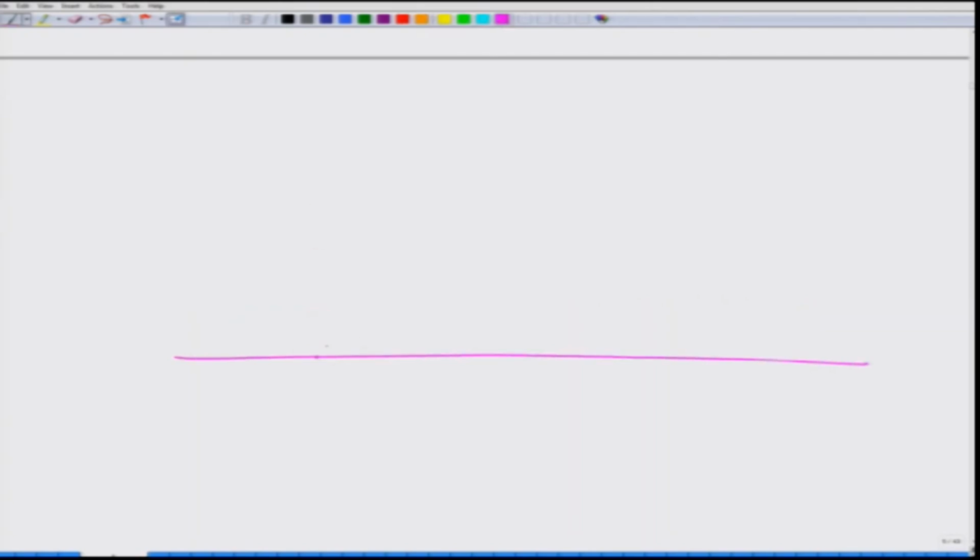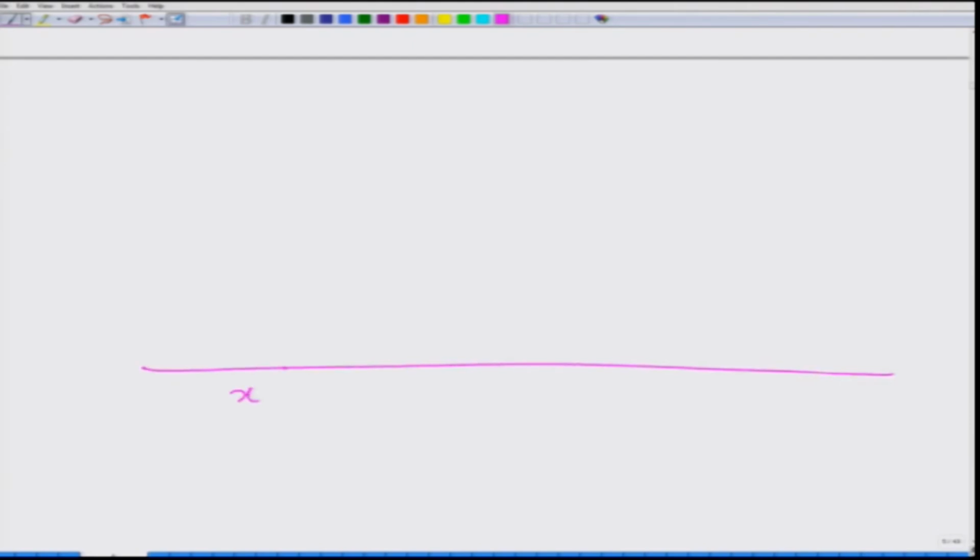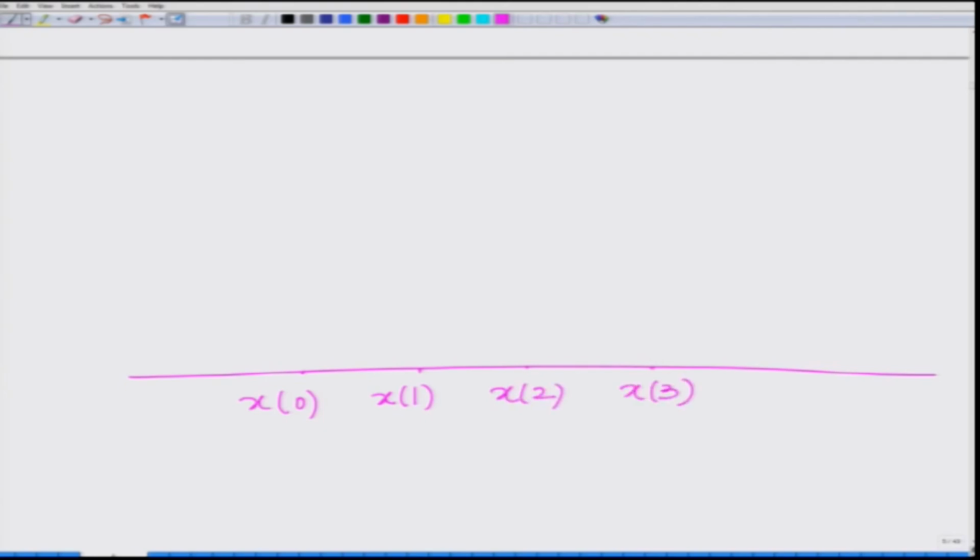So, let us have here, what I am going to draw is the time axis with x0, x1, x2, x3, and let us say this is your x0, this is your x1, this is your x2, and this is your x3.